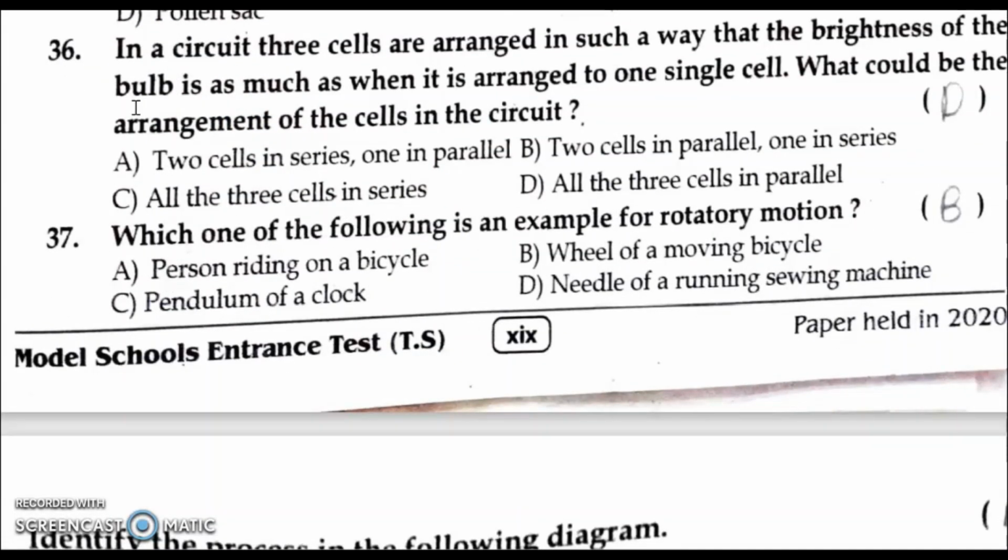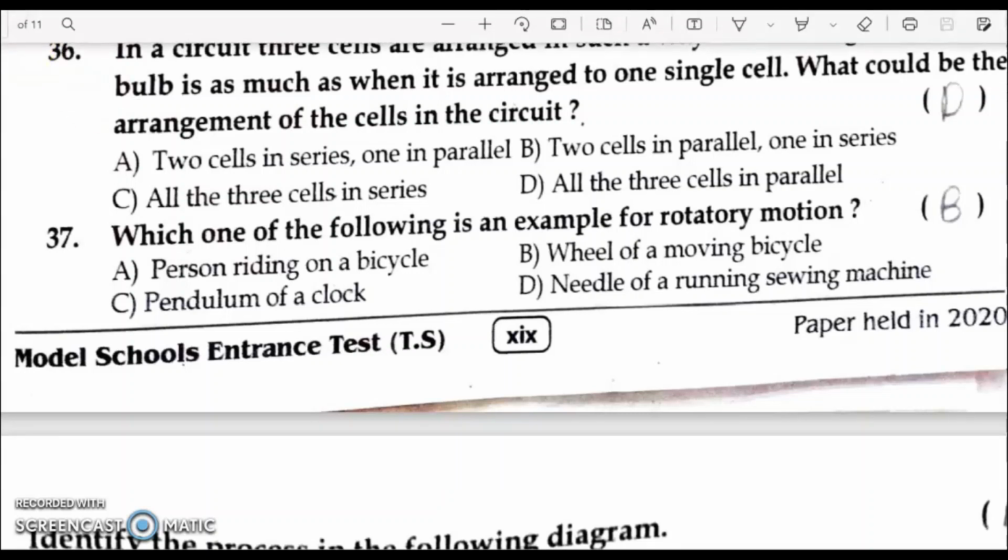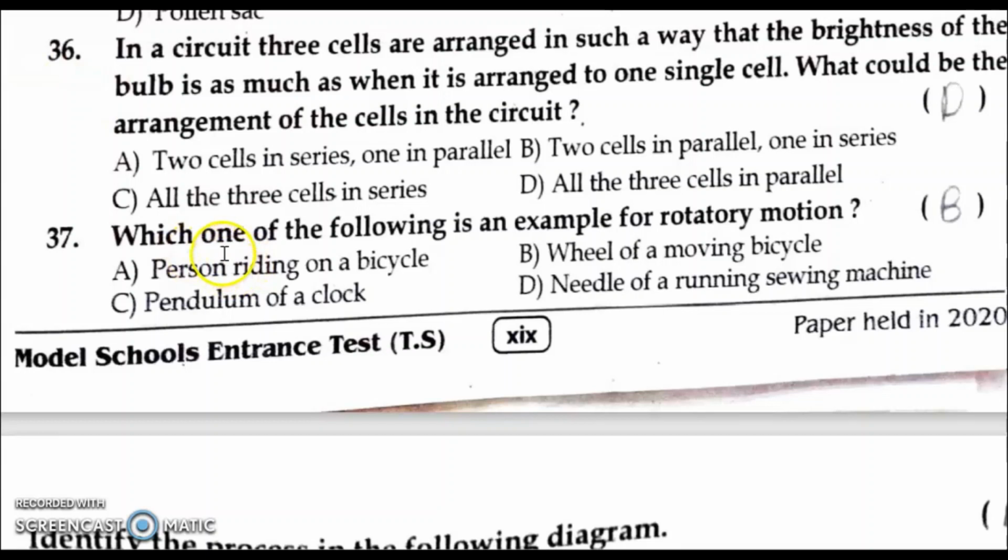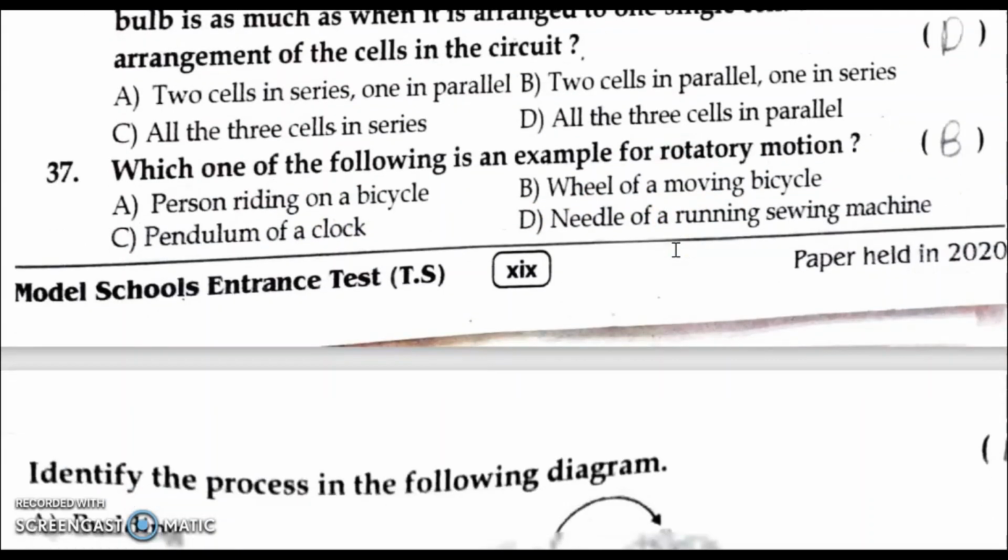Which one of the following is an example of rotatory motion? It is B, the wheel of the moving bicycle. On to our 37th question. Which one of the following is an example for rotatory motion? It is the wheel of a moving bicycle.